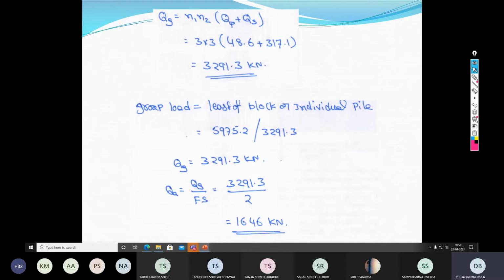However, when we reach this much load, either the pile may fail or the soil may fail, and at that time the settlements are so excessive that the whole pile group may not be functioning at all. The whole foundation system is about to crush when you reach the ultimate load of 3291.3 kilonewton. While the allowable means, constraining the settlement, you can apply the load up to 1646 kilonewton.